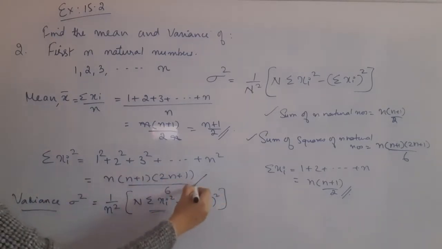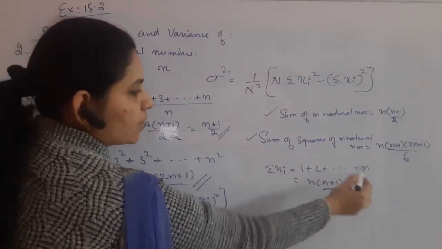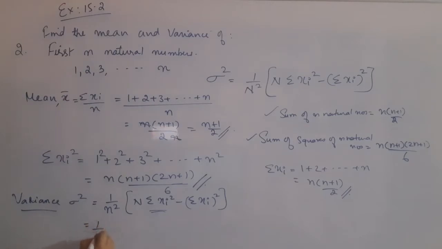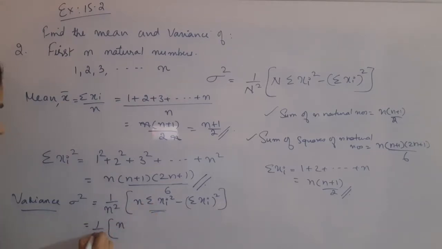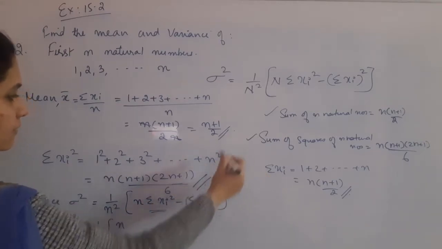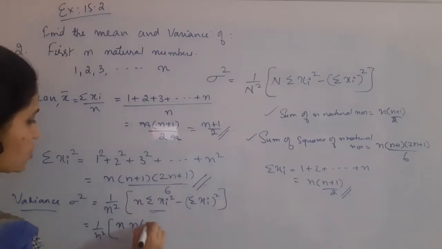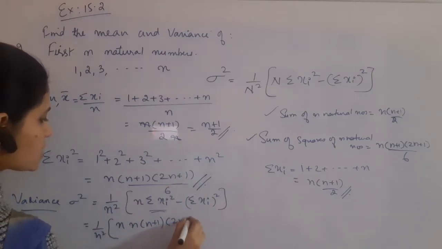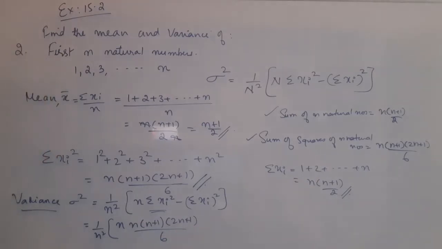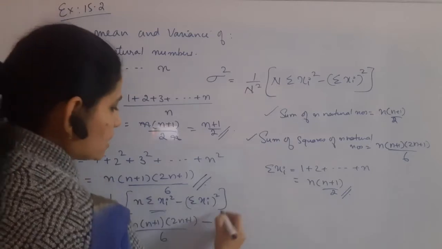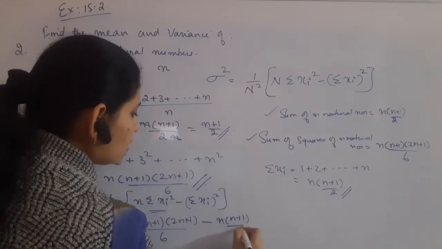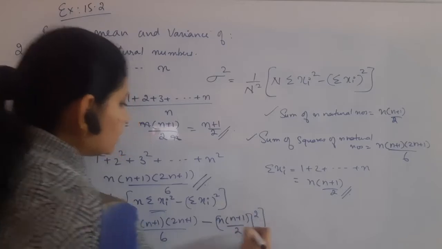So this is 1 by n square into n into sigma xi square, which is n into n plus 1 into 2n plus 1 by 6, minus sigma xi the whole square, which is n into n plus 1 by 2 the whole square.